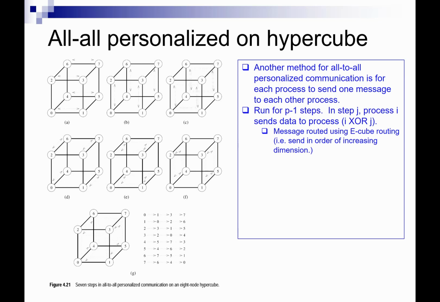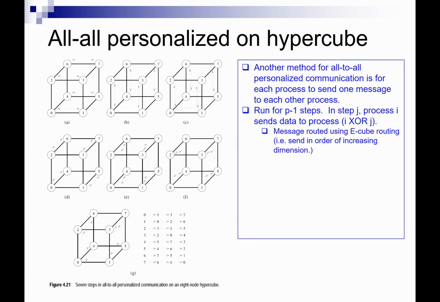So what we're going to do is run for p-1 steps. In the jth step, every process I is going to send to another process. So which process is it going to send to?